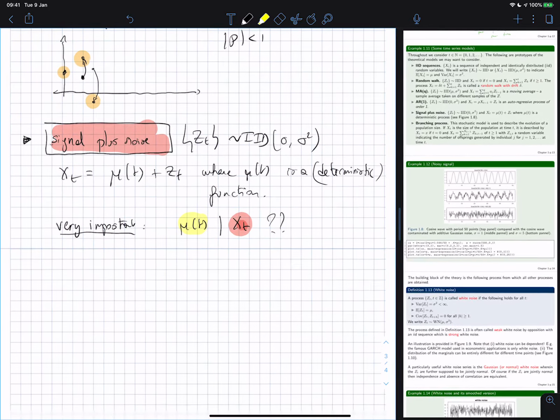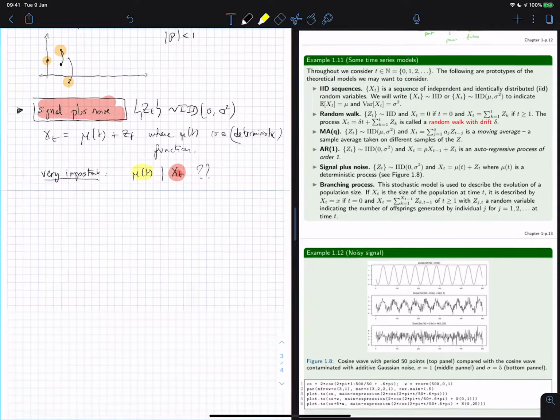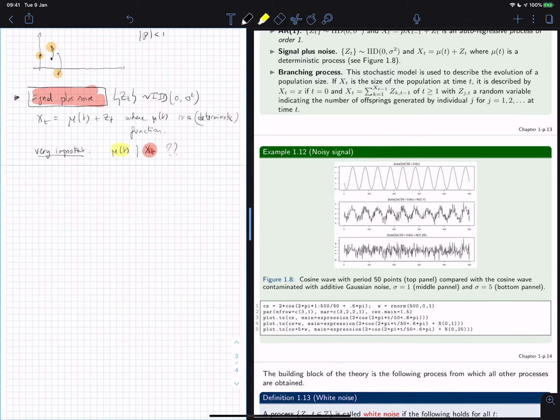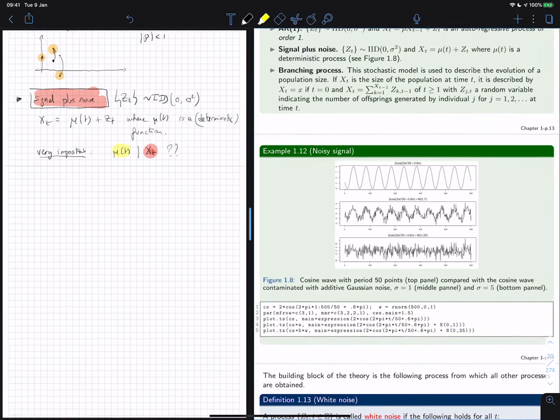Well, you can say that depends on the noise. Of course, it does depend on the noise. So let's look at an example here. Here I took a cosine wave. That's the wave in yellow.